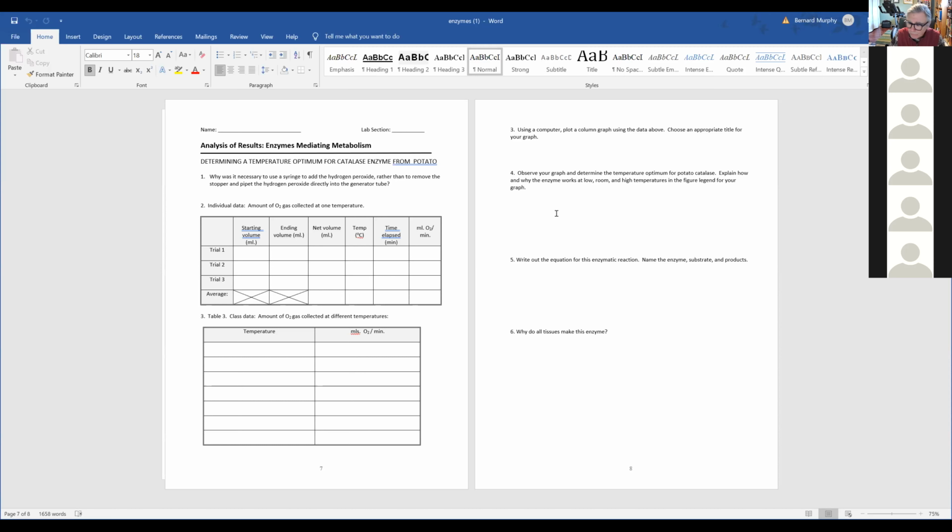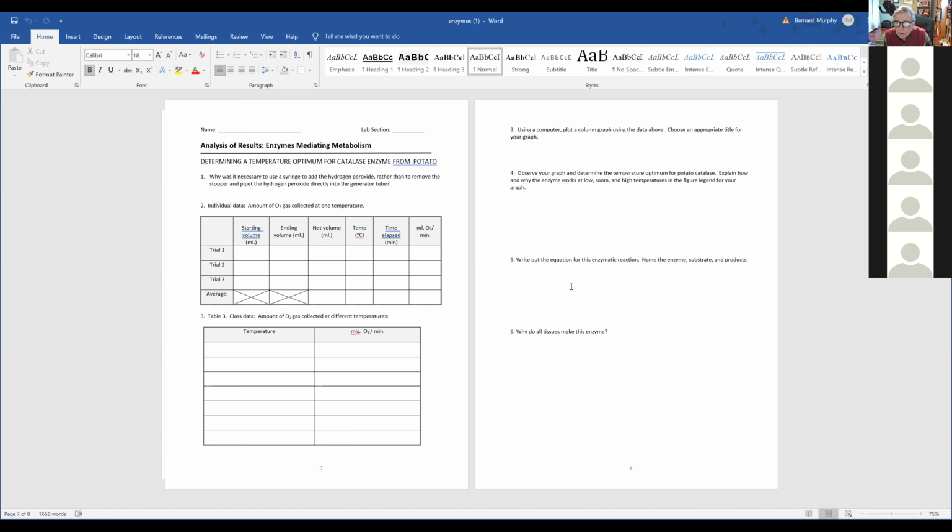All right, 5, right? Write out the equation. The equation is right there. 2H2O2 arrow 2H2O plus O2. And then name the enzyme, substrate, and products in this reaction.